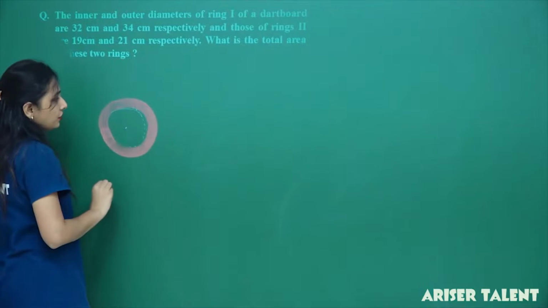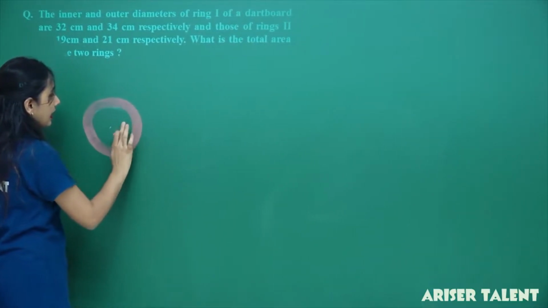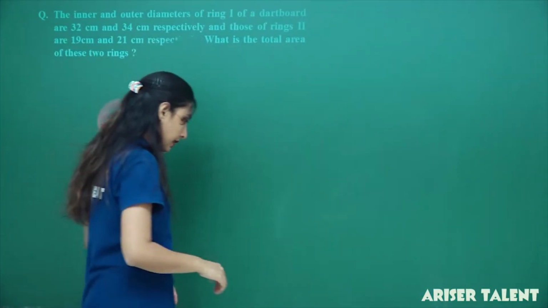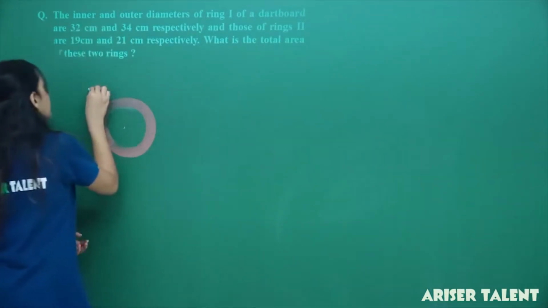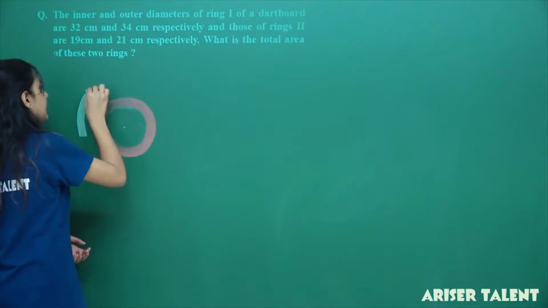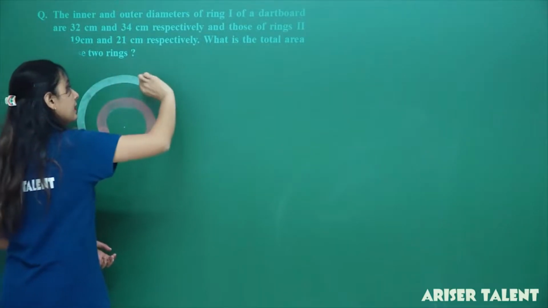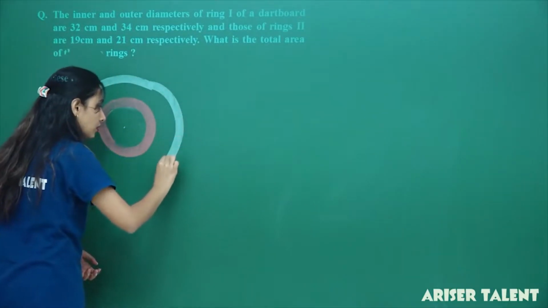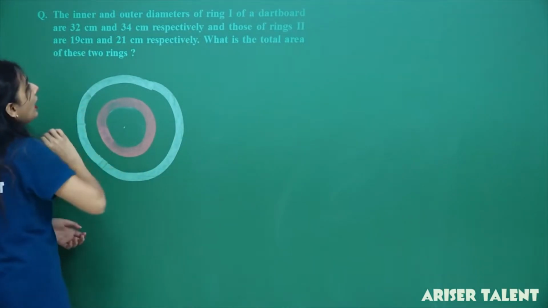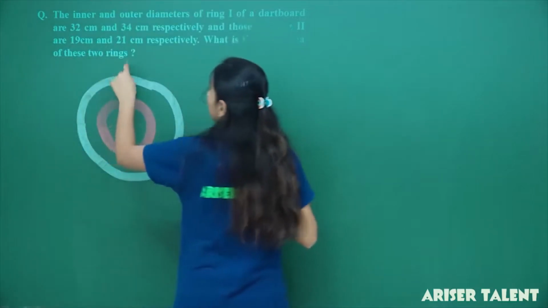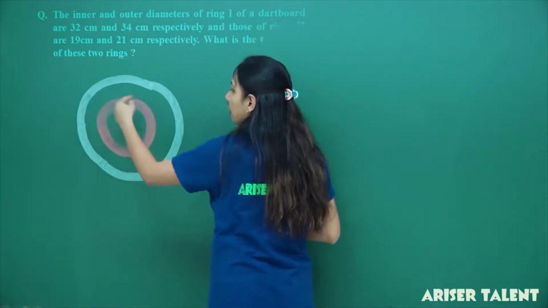Now the second ring. Let me use another color for this. So here I went for the second ring. Now I have to find out the total area of those rings, so I have to find this area plus this area.